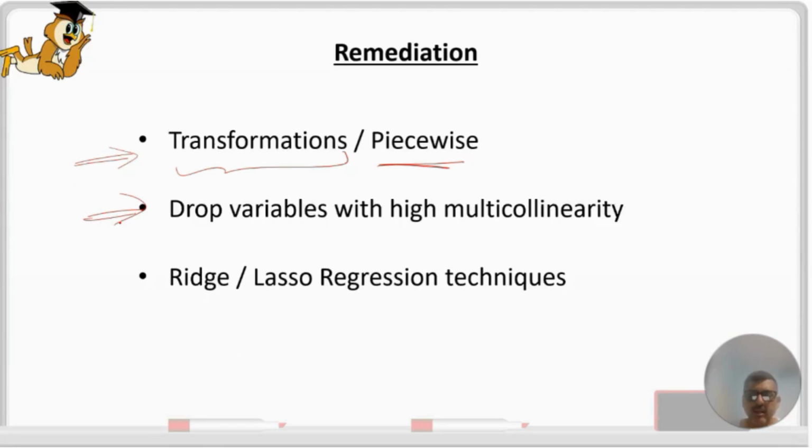And then there are slightly more sophisticated regression techniques beyond plain linear regression, for example ridge regression or lasso regression, and we will study what these are in the subsequent lecture. These techniques allow you to handle multicollinearity or non-linearity in a more effective manner. So this is what your remediation would look like.